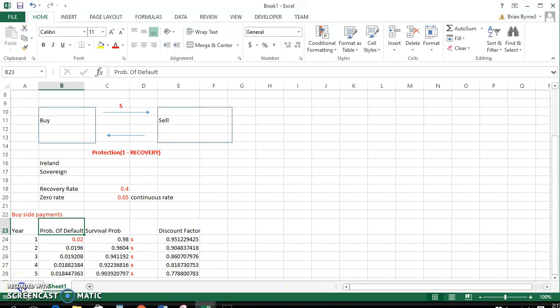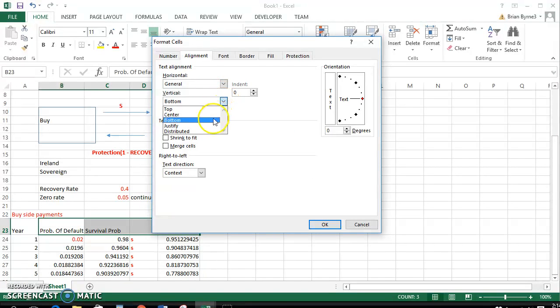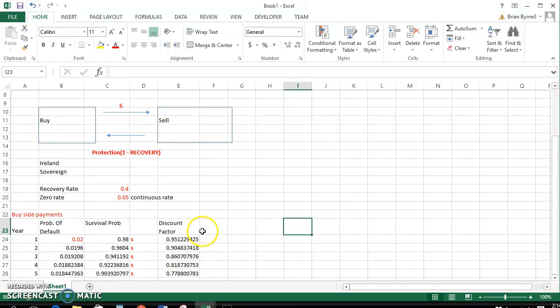I'll just reformat this. And justify. Click OK. Okay, so that saves a little bit of space. And then in addition, we need another column. And we say present value, PV, of expected payment by buyer.